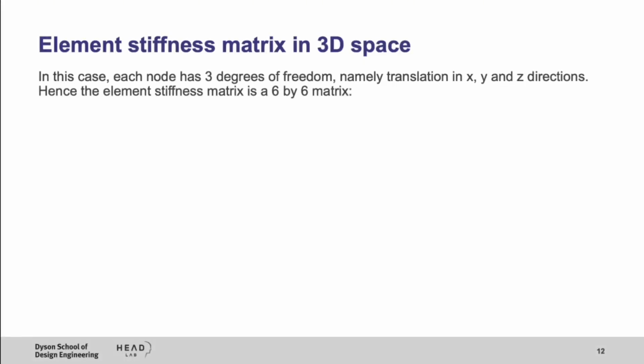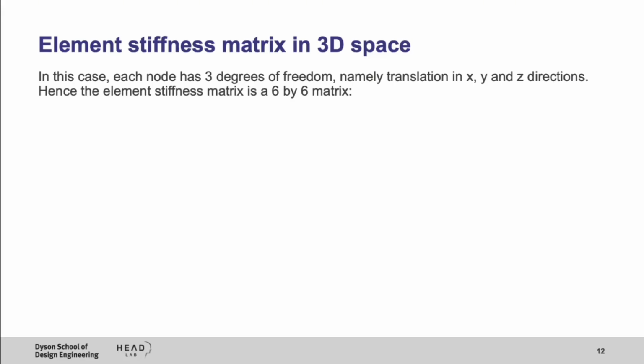How about 3D? In this case, if we extend this into 3-dimensional space, each node has 3 degrees of freedom, which are translation in X, translation in Y, and translation in Z. Hence, the element stiffness matrix is a 6 by 6 matrix.